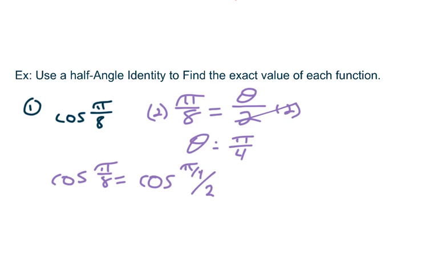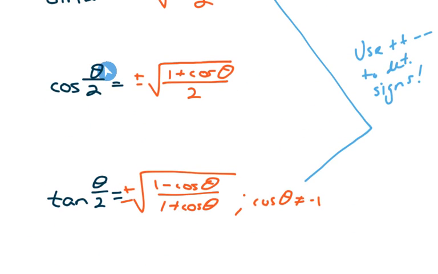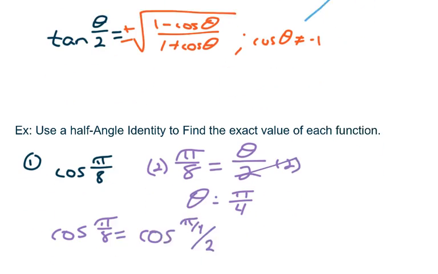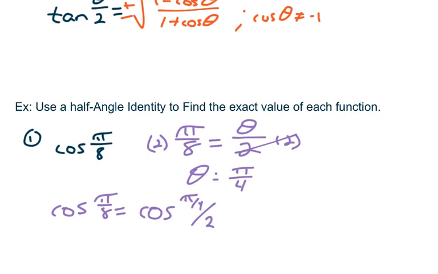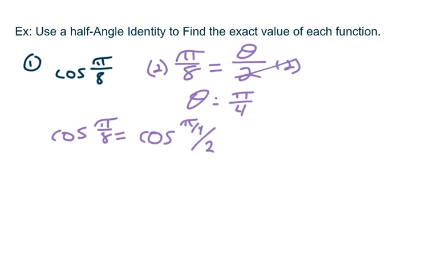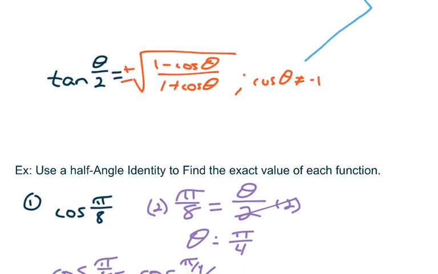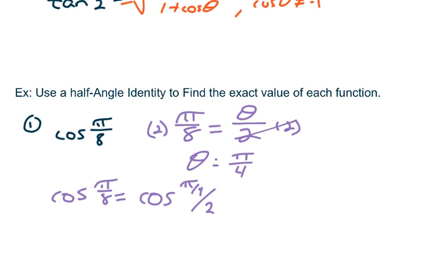And then we can figure out our values, because in all of these identities, the angle that we use goes here. So in this case, pi over 4 is my angle that would go in for theta. Let me show you how this works. Cosine of pi over 8 is equal to the cosine of pi over 4 over 2. I'm going to use the cosine identity, obviously. We'll come back to the sines in a minute.